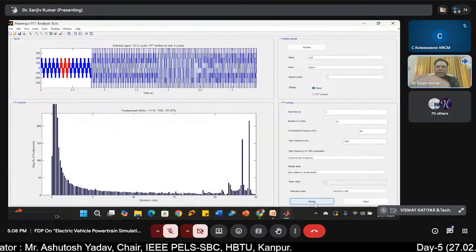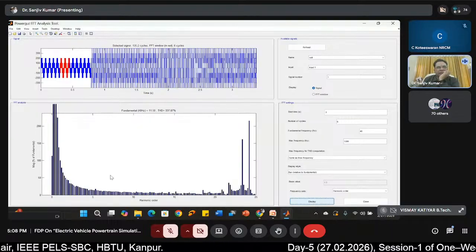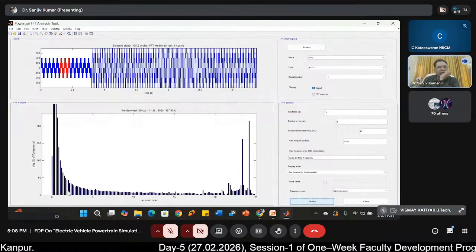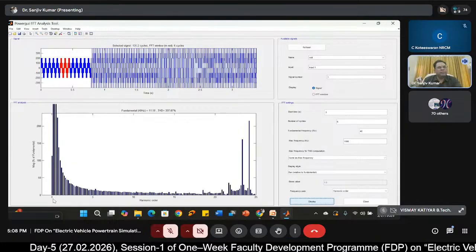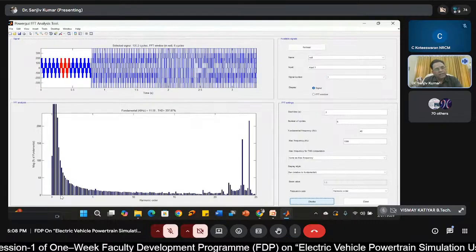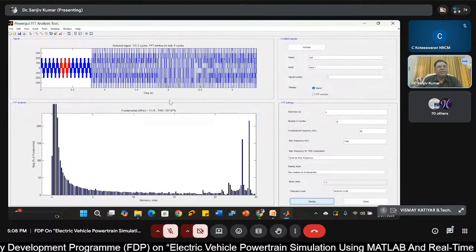Rather than seeing the Nyquist, I am seeing the maximum frequency order. Now you can see these are the bars related to harmonic order. 0 means some DC component is also there. Then third, fifth, seventh, all order harmonics are there.